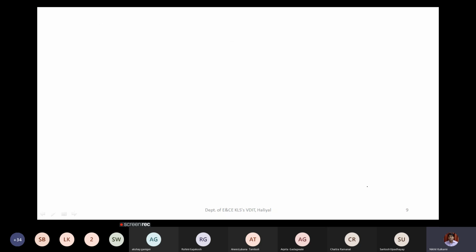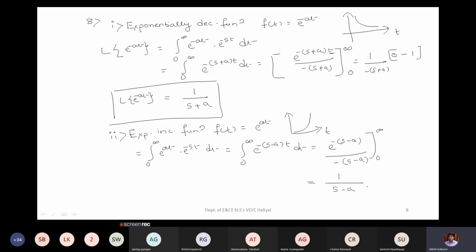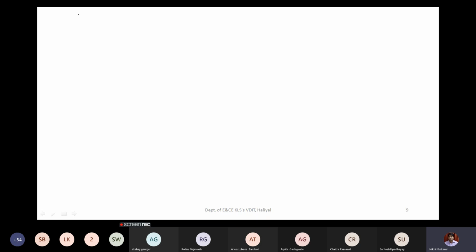Now if you move slightly towards different functions, the 9th one, if you consider the cosine function, represented like this, the wave which starts here and is continuous.